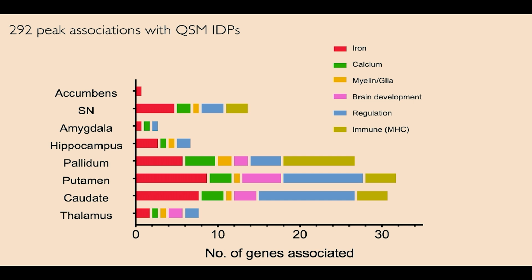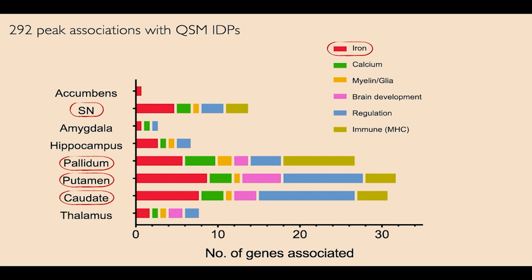As you can see here, iron-related genes in red are associated with every ROI, and substantia nigra, globus pallidus, putamen, and caudate have the largest number of genes correlated. These four regions also have the highest amount of iron among all these ROIs, and they are among the highest amounts of iron across the whole brain.